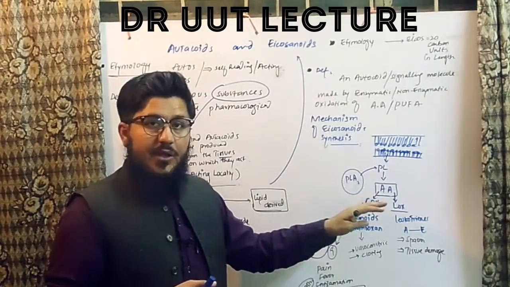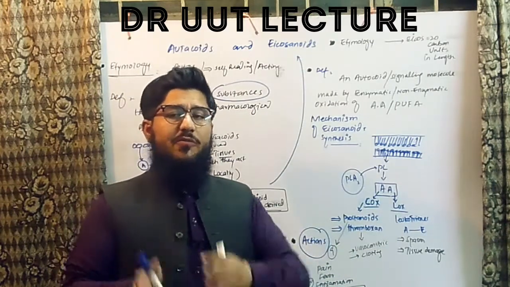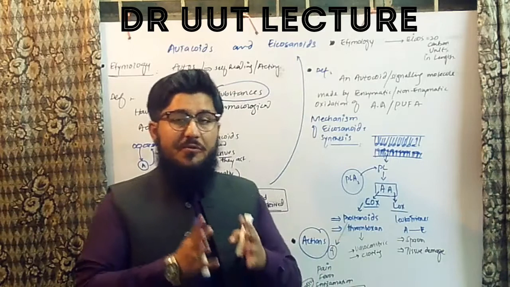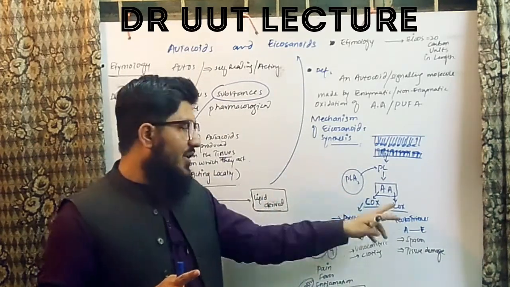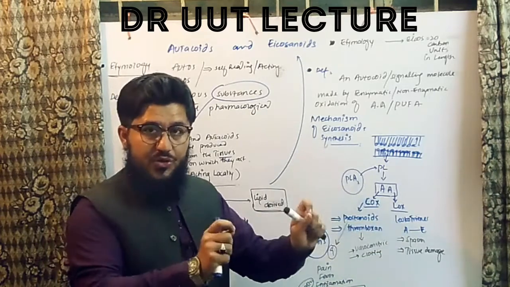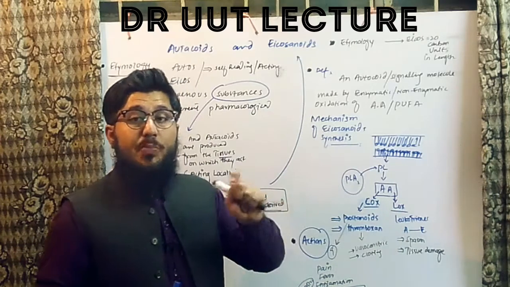Now let's come towards the LOX pathway. The products of the LOX pathway are the leukotrienes, and we have a number of leukotrienes: A4, B4, C4, D4. These are actually the worst eicosanoids. The worst autochords are the leukotrienes. They are responsible for spasm of the bronchioles.